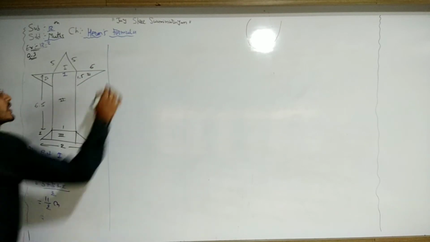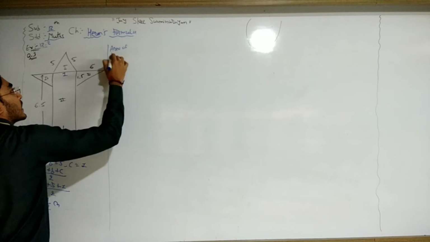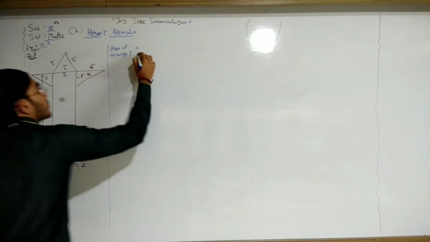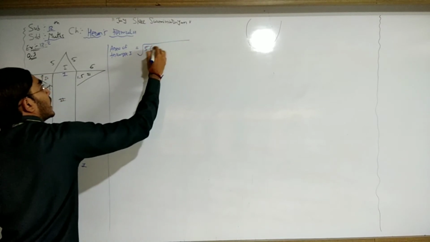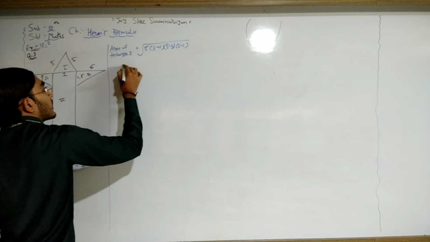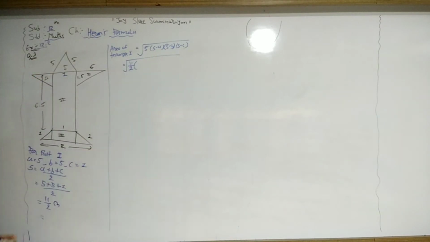Now the area of triangle 1 is the square root of S into (S minus A) into (S minus B) into (S minus C). Now S is 11 by 2. In brackets, S minus A is 11 by 2 minus 5.